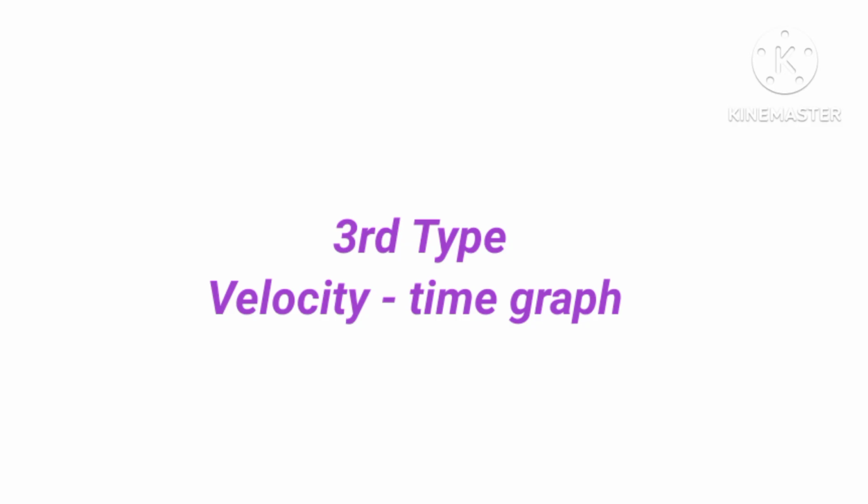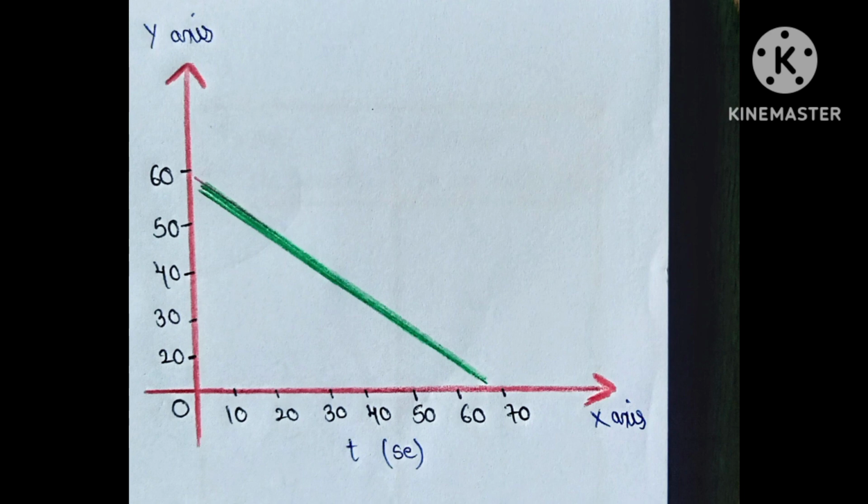Look, graphs are easy. You have to just understand them. Let's move to the third type of graph. This graph is again a straight line, but it has a negative slope. So this kind of velocity time graph means that there is a body which is moving with uniformly decreasing velocity.